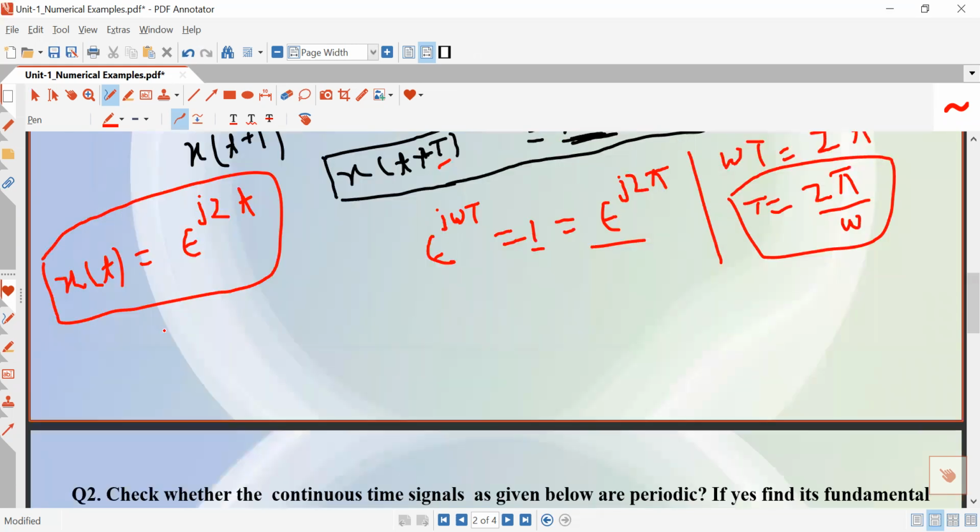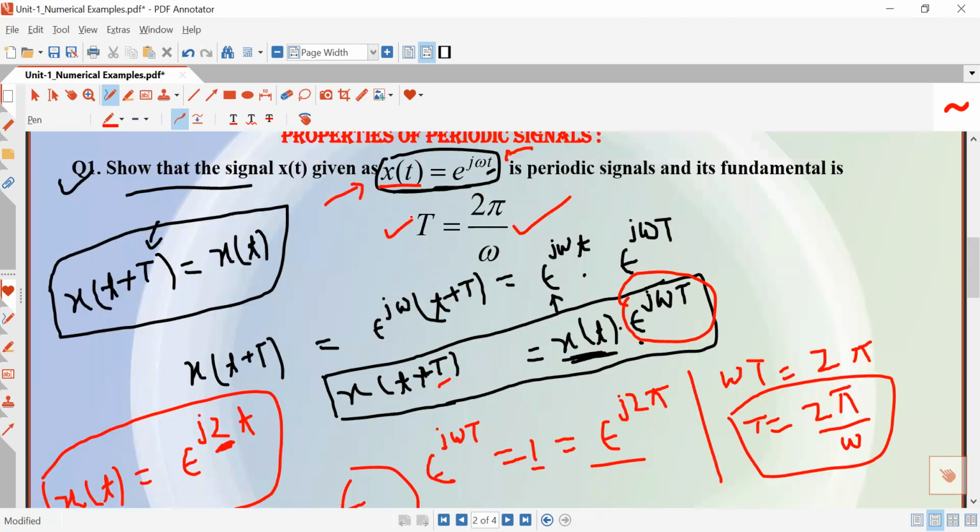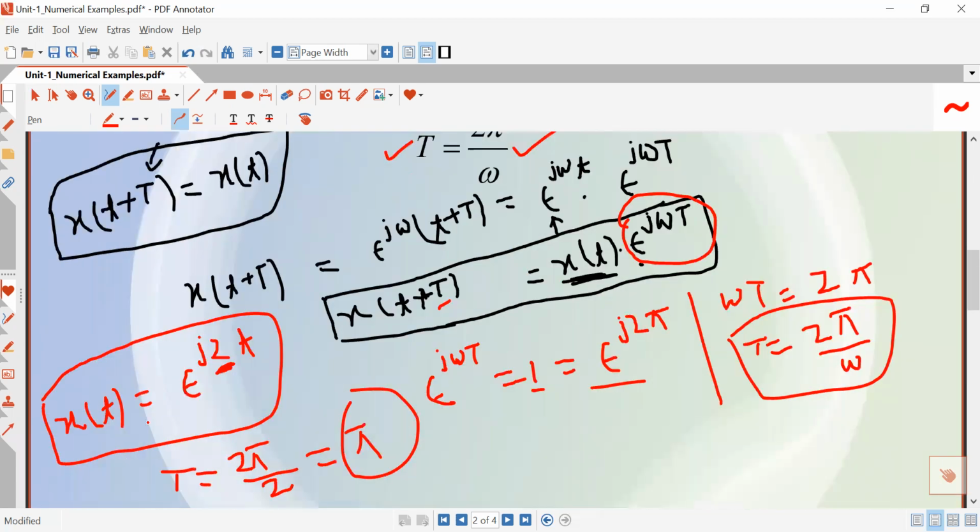And if I ask you for its fundamental time period, then its fundamental time period will be 2 pi by omega. In place of omega here 2 is given, so 2 pi by 2, and its fundamental period will be pi. So directly you can use this concept to solve this type of objective problem.